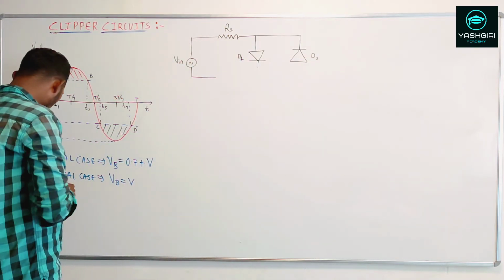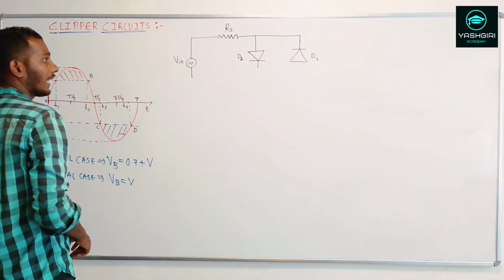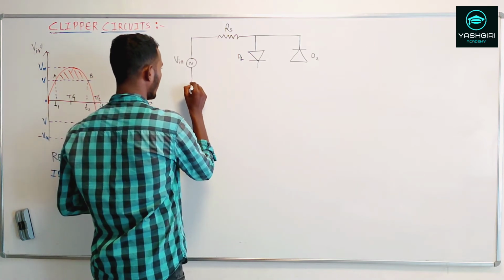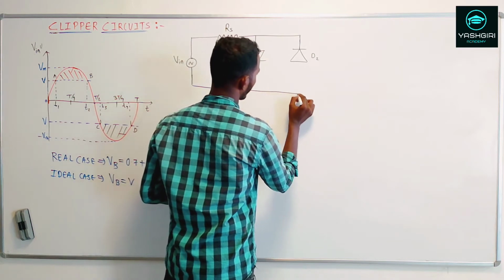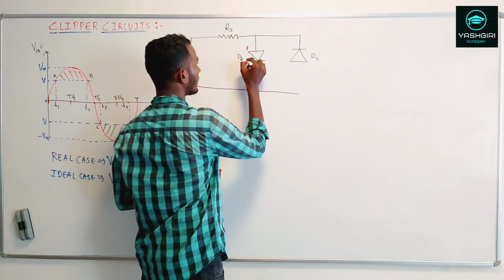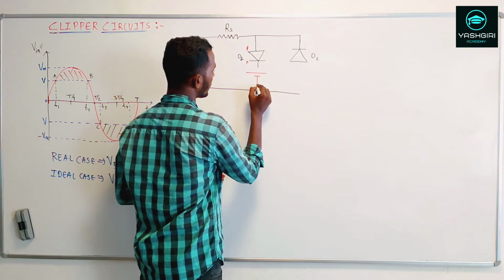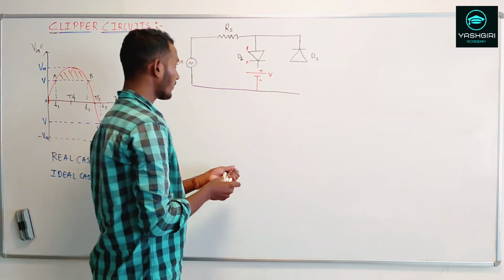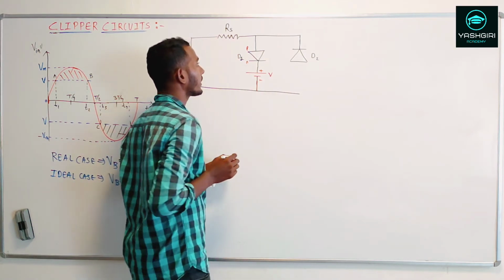I'll be connecting these diodes to biasing voltages in such a way that both the diodes are reverse biased. So this is my P side, this is the N side. For the N side, I'm going to connect the positive side of my potential difference. So this is plus, minus, having some potential difference of V volts. This is the connection for this.